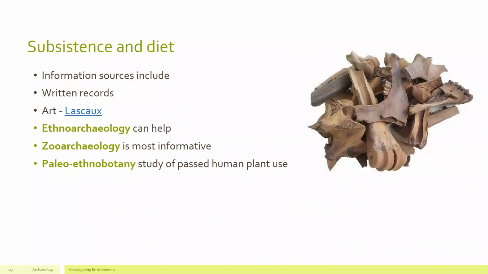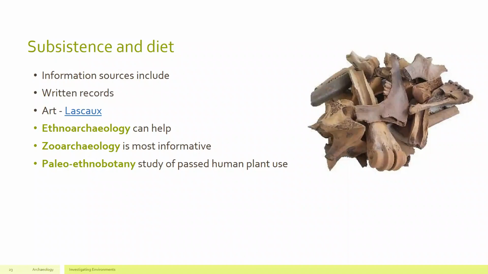Sometimes there are written records or pictures indicating counts of animals, how many goats were traded for how much olive oil, and so on. And further back in prehistory, you can go all the way to the Paleolithic and look at Paleolithic rock art, such as that at the famous site of Lascaux in France, to tell us what was on the landscape and what were people most interested enough to create it on a mural of rock art, for example.